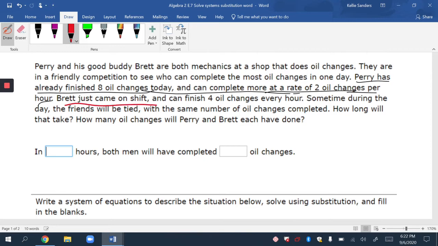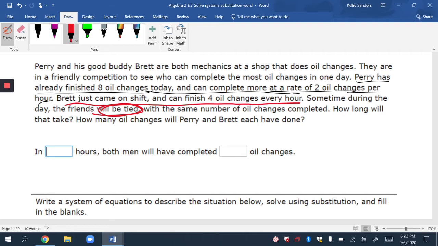Brett just came on shift and can finish 4 oil changes every hour. Sometimes during the day, the friends will be tied. With the same number of oil changes completed, how long will that take? How many oil changes will Perry and Brett each have?